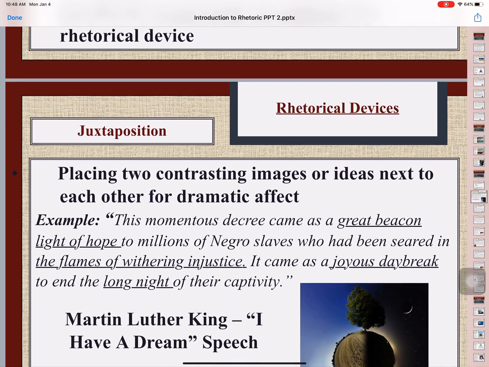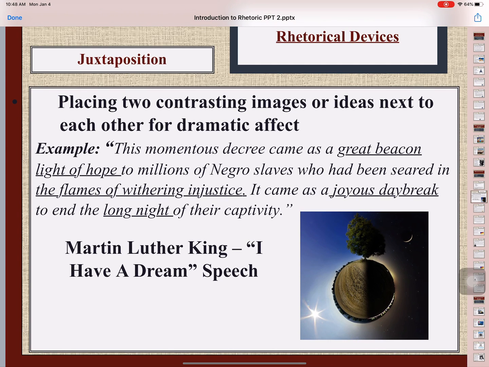over the table. Let's take a look at juxtaposition. One rhetorical device, our first one. Fill it out on your form. By placing 2 contrasting images or ideas next to each other for dramatic effect, we influence others. Here's an example. This momentous decree came as a great beacon light of hope to millions of Negro slaves who had been seared in the flames of withering injustice.